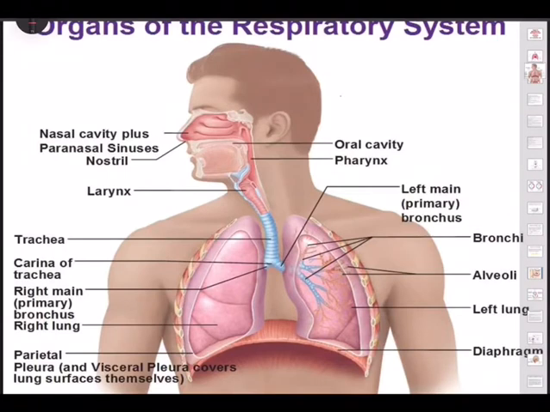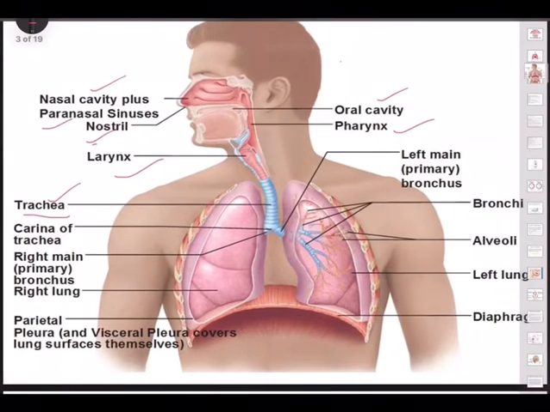And then we have the entire respiratory system. You have the nasal cavity, then the paranasal sinuses, and of course the nostrils, oral cavity, pharynx, then larynx, and then the trachea, most important. We call it the air tube. One is the digestive tube, another is the air tube.